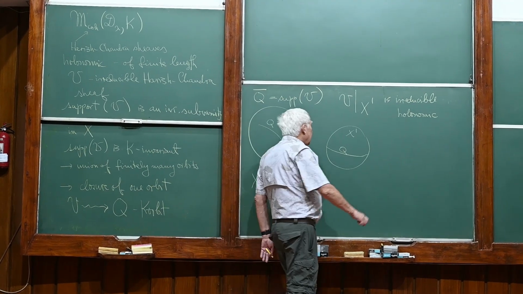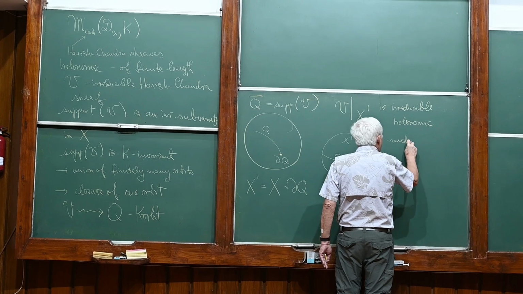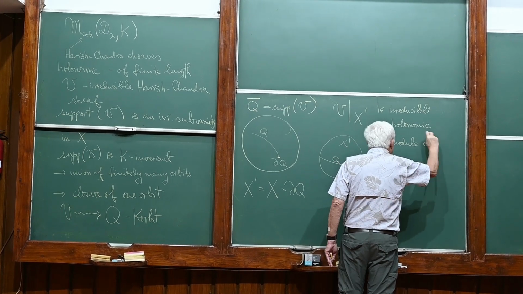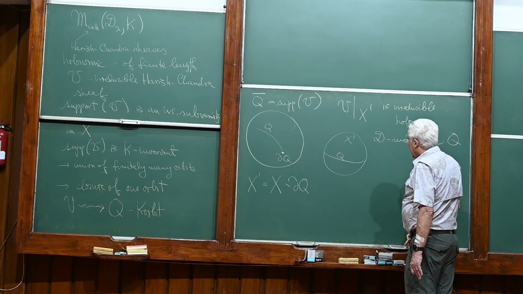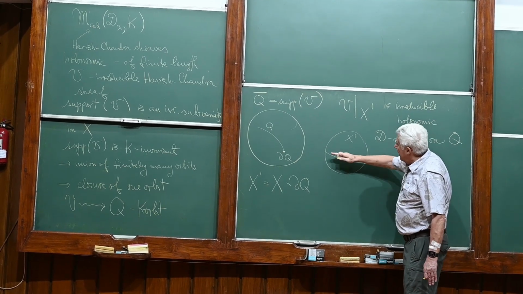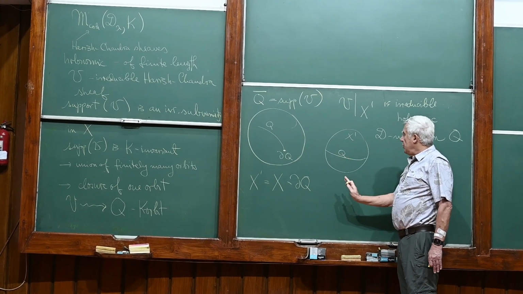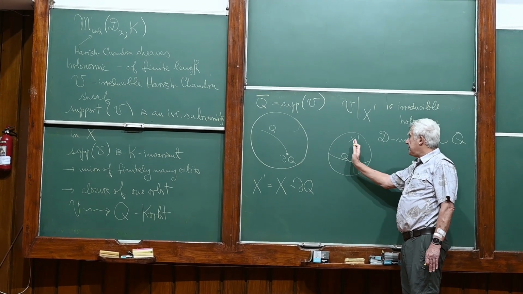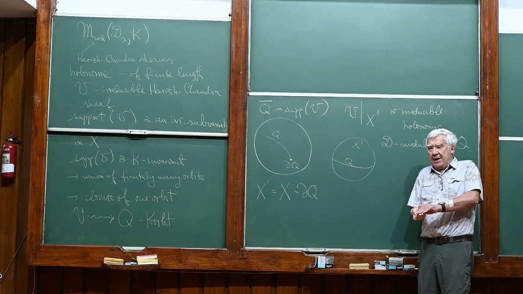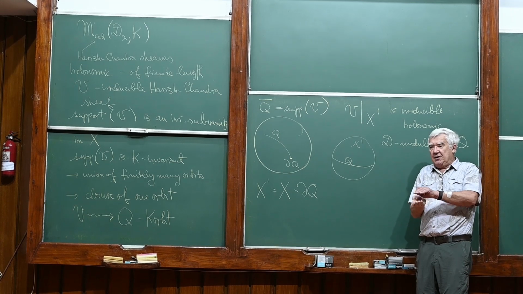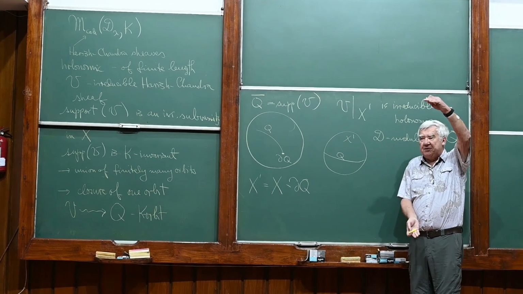If you take a D module on Q, then of course you know how to differentiate along Q. You don't know how to differentiate in the normal direction, and then you take just the formal sum of the stuff you get by differentiation.